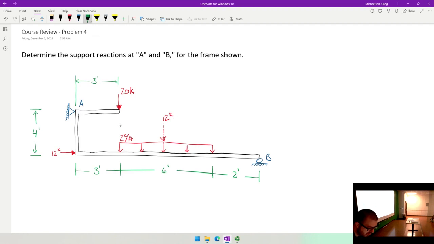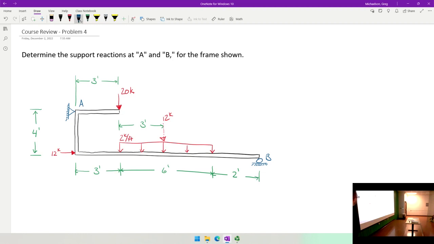And how far from this left edge is that going to be? From where I've drawn right here, what's this dimension? 3. The arrow's in here.